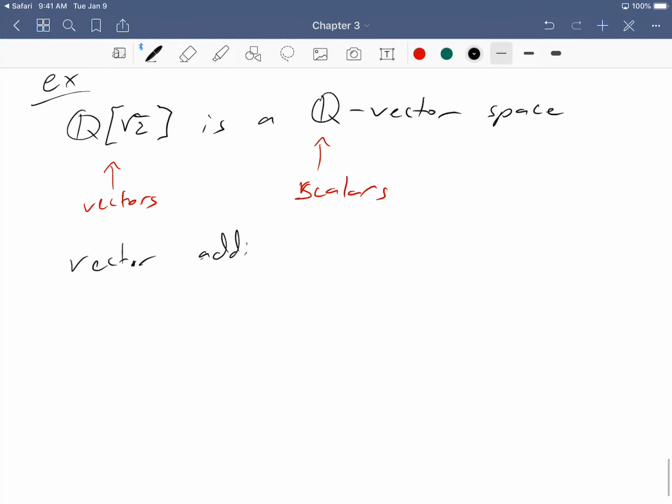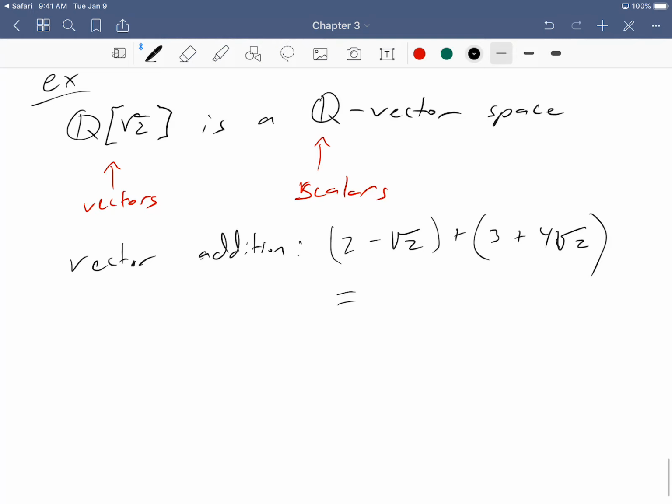Let's do a little vector addition problem here. So I might take 2 minus root 2 as one vector, and I can add to it 3 plus 4 root 2. And I know how to do that.